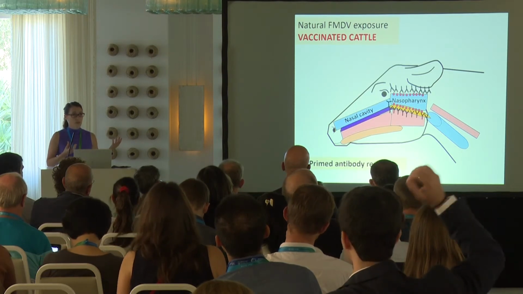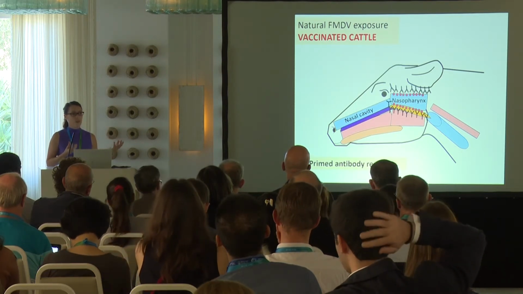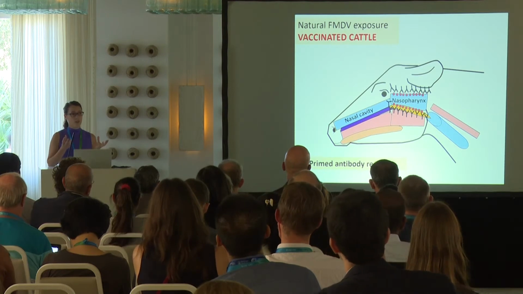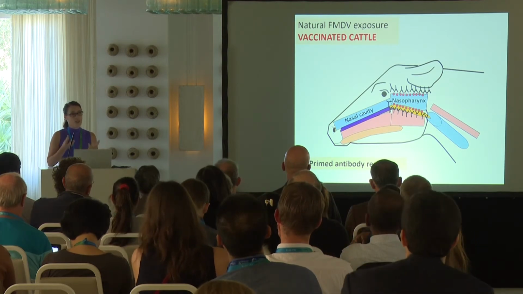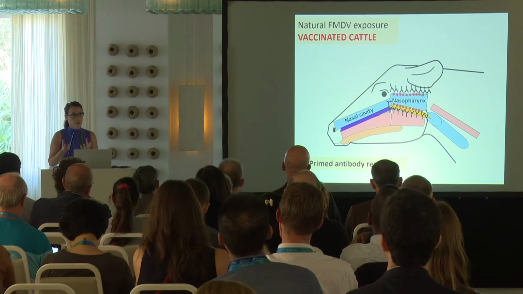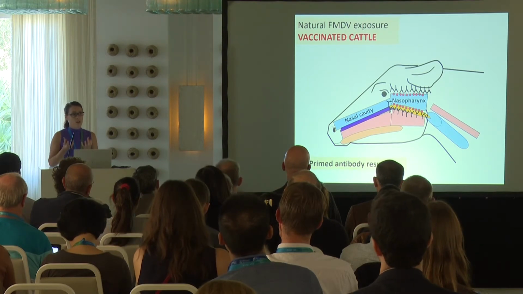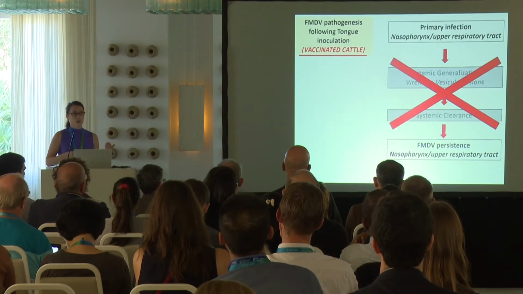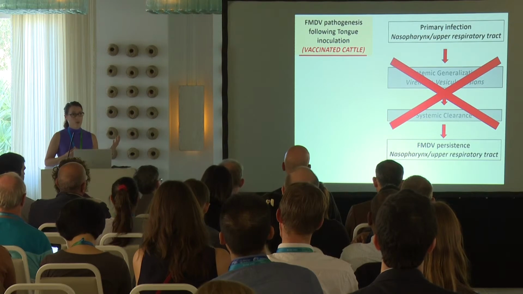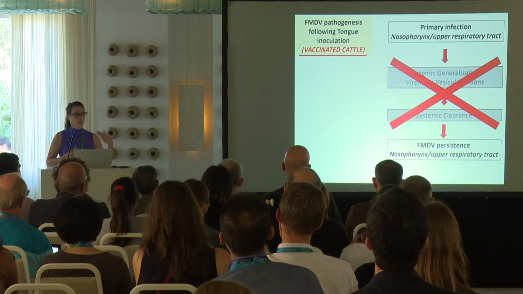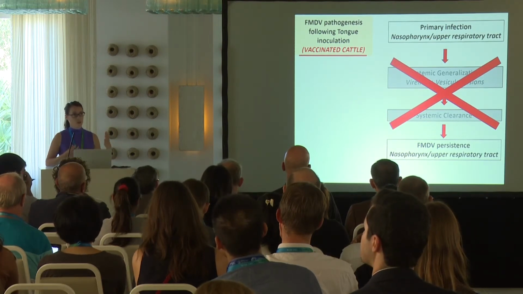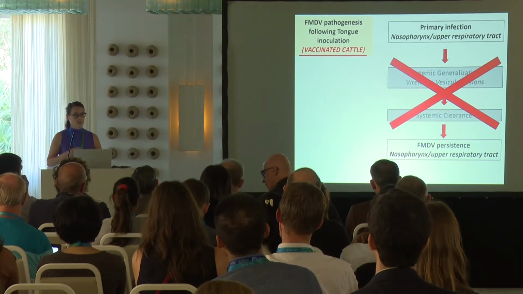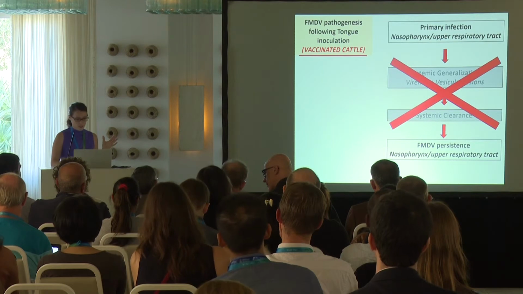You'd have the same primed vaccine-induced immunity that would now restrict the virus from going anywhere else, but since the virus is already within the nasopharynx, you will still have a proportion of animals that become subclinically infected and persistently infected. So in this scenario, you have the subclinical primary infection, and the virus may persist and cause subclinically infected carriers without any evidence of dissemination or clinical disease.